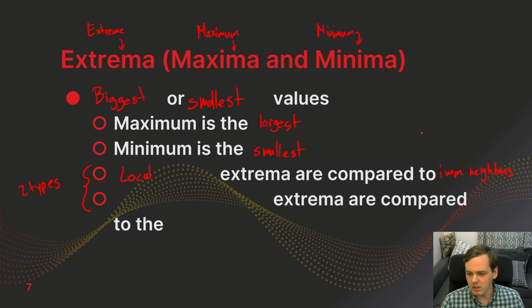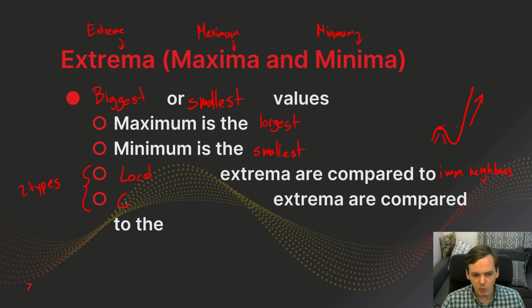So if you're the tallest point of the points right around you, so something like this point right here would be a local maximum because it's bigger than all the points to its left, it's bigger than all the points just to its right. But you can see that it might not be the biggest point on the entire function because all of these points here are larger. So those are local extrema.